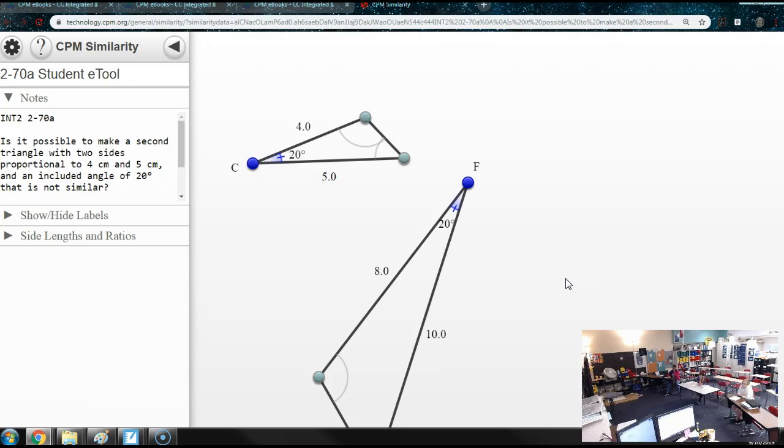We can go either way. And I think Liang already said it. We have 2 sides and an angle, and that angle is conveniently in the middle, between the 2 sides. So we have side, angle, side, right? The angle is congruent. The sides share that dilation, that scale factor. So we have side, angle, side, similarity here.